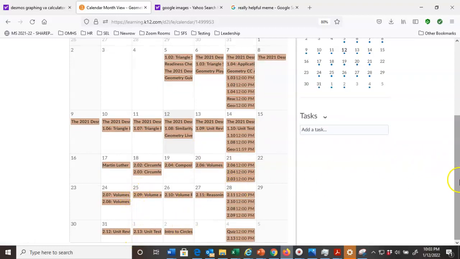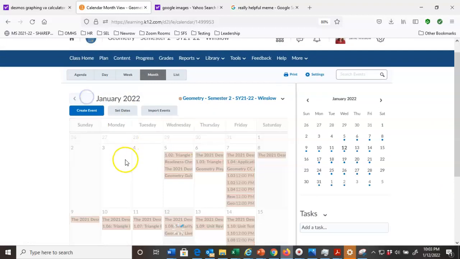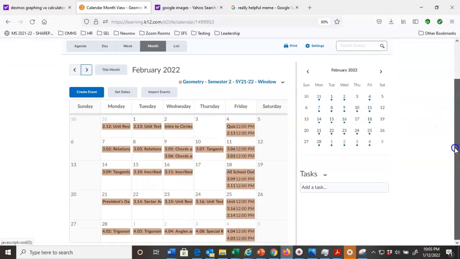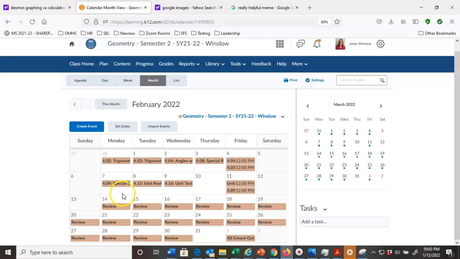And then we get further into circles with Unit 3, heading into February. Unit 3 is all about more circle stuff. And then Unit 4, which is the end of February, is our trigonometry unit. So we're going to be learning about sine and cosine, tangent.